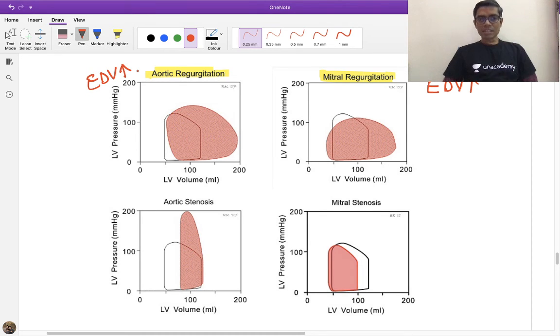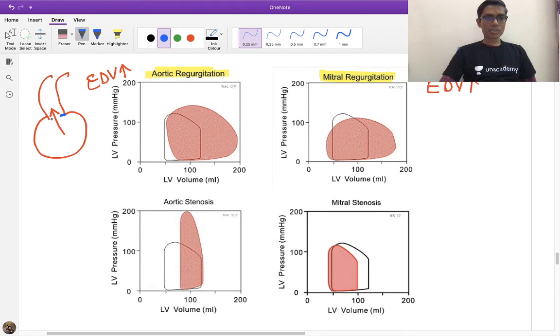Now in case of aortic regurgitation, all of you know that the blood goes from the ventricle, then during diastole some of the blood is again returning to the ventricle. The normal blood is also coming from the left atrium, plus some of the blood is returning from the arch of the aorta. Obviously end diastolic volume will be high.